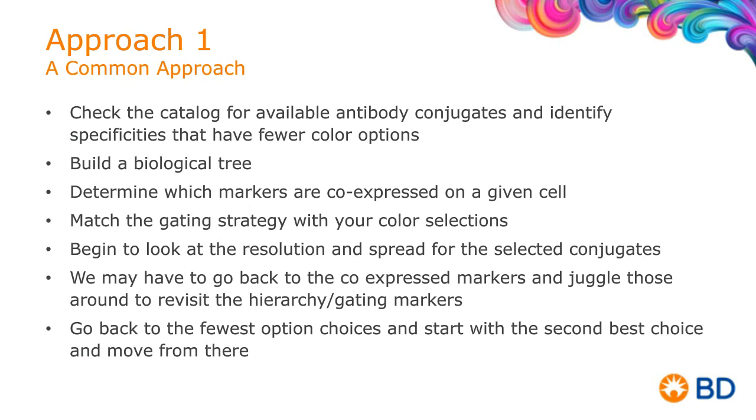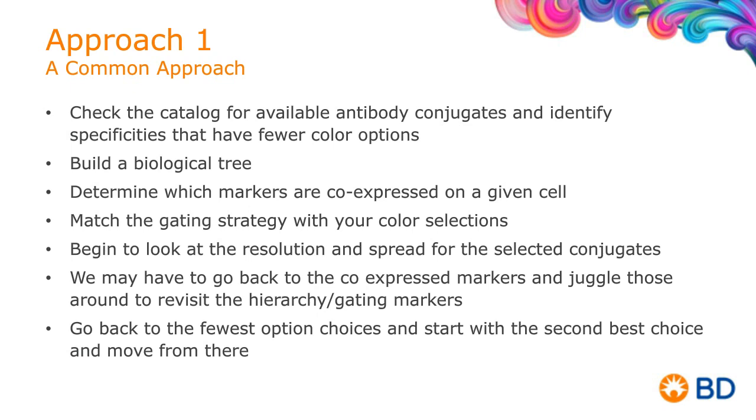Maybe they want to add a couple new specificities that just came out. And as you can imagine, you know what happens. We only have a couple colors. So what they do is they choose one of those colors because they don't want to make a custom conjugate of it. And thus they place a bias in there already.